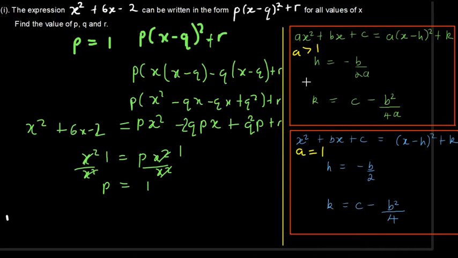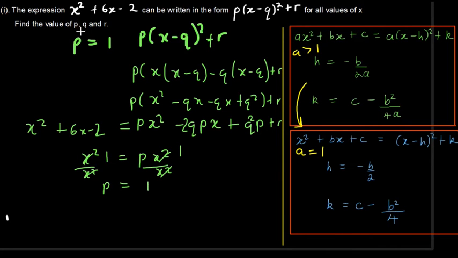This formula is sort of a repeat of these formulas, because here a is 1. When a is 1, our h is minus b over 2, and our k is c minus b squared over 4. But if a is greater than 1, then we use this formula.